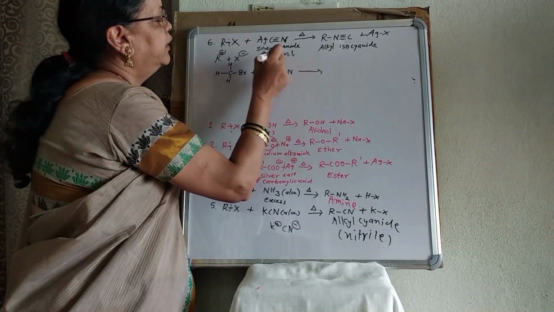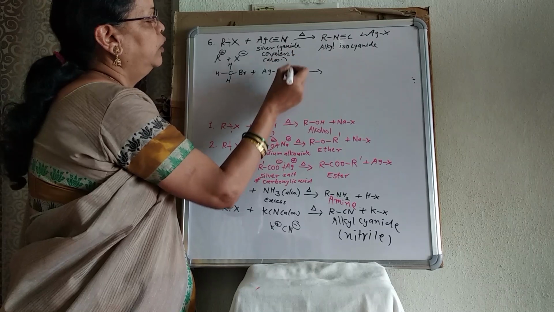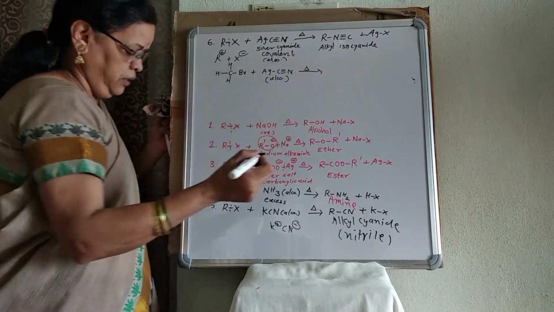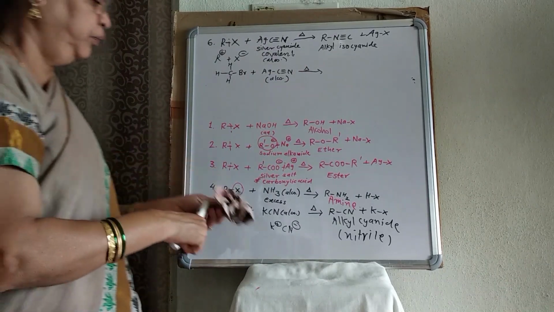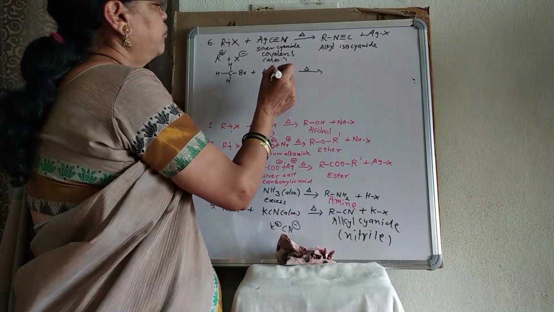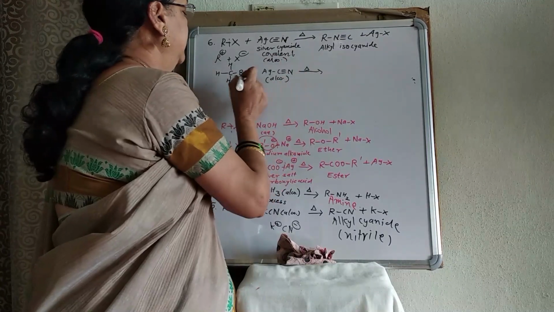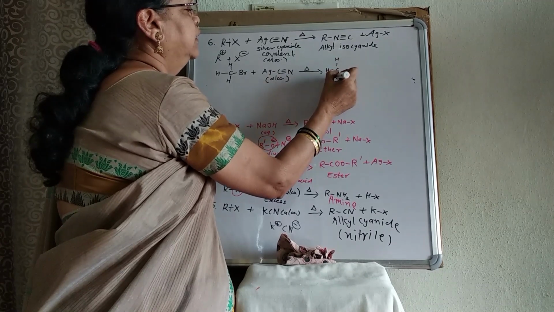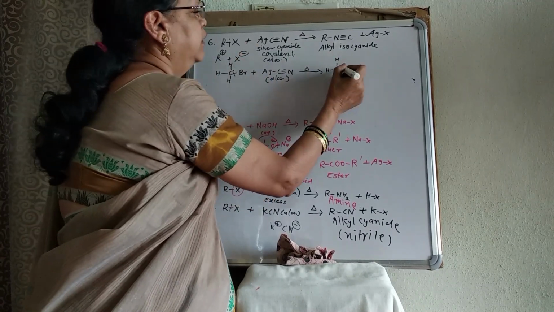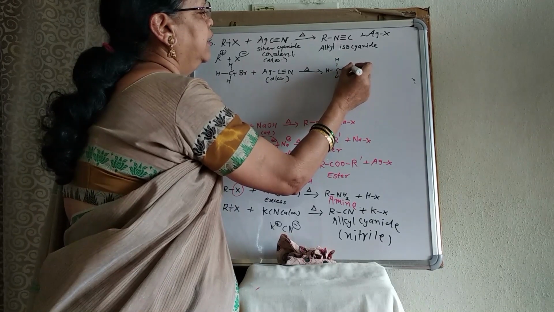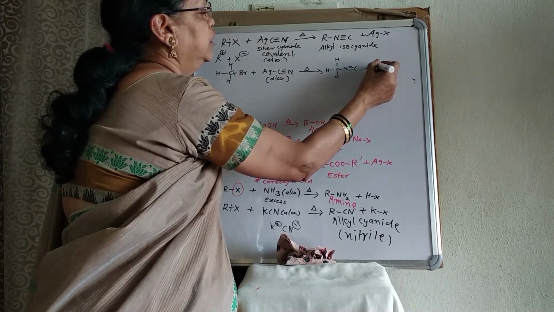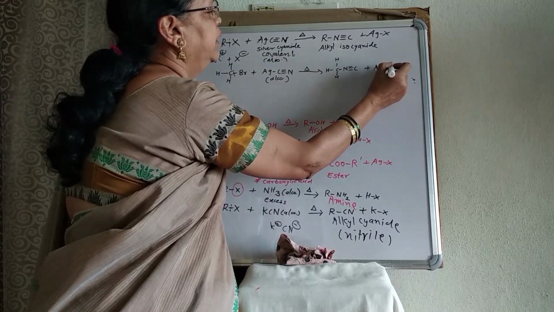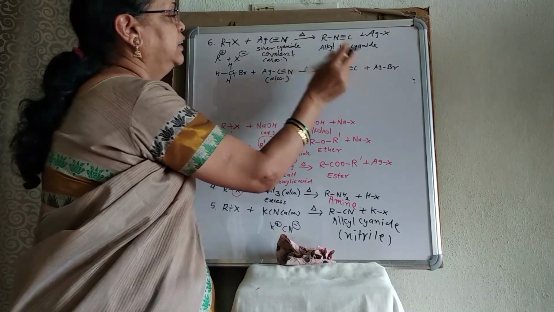When they react in the presence of alcohol, alcoholic solution heated, what happens here? It is a rearrangement type of reaction. Hydrogen remains as it is, but Br is replaced and NC is coming in this way, meaning exactly the reverse position is taken while attacking with the NC group.